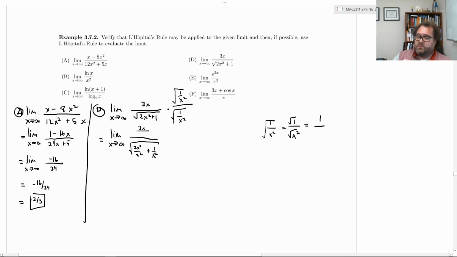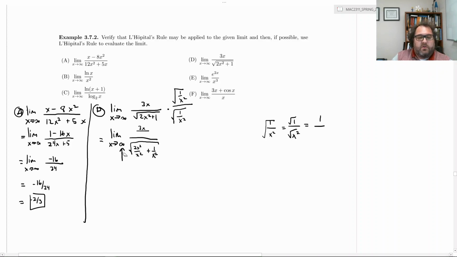Of course, the square root of 1 is 1. And now here's where we have to be careful, because the square root of x squared technically is equal to the absolute value of x. In general, if you square a term and then take the square root, you could have started with a negative or a positive value. That's why we use the absolute value of x. However, we are taking the limit as x goes to infinity, so we know x is positive.